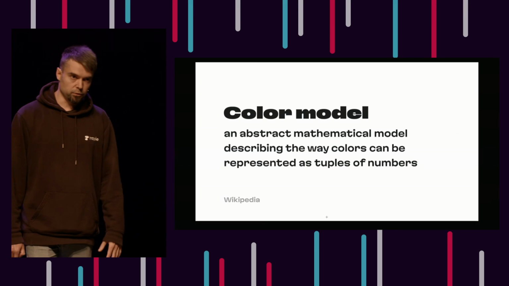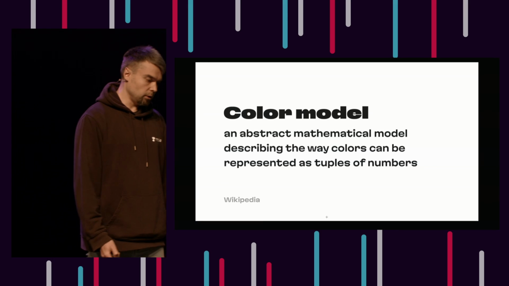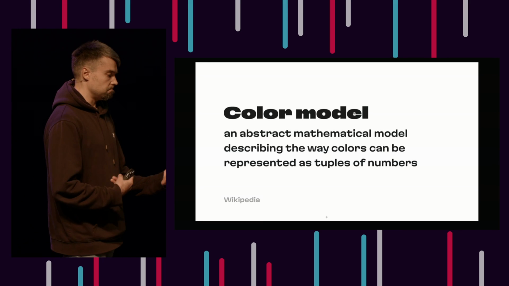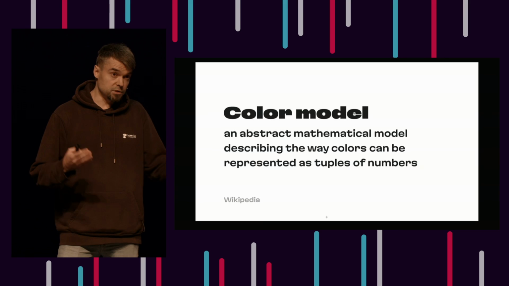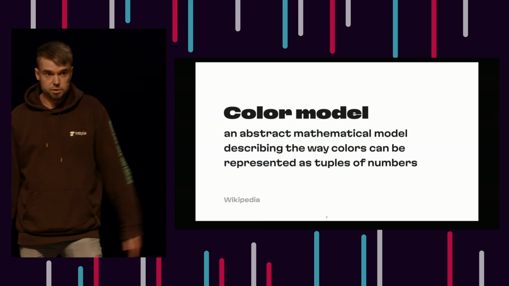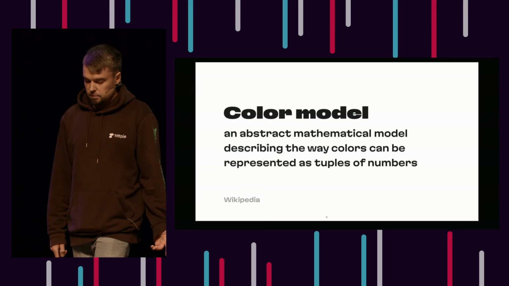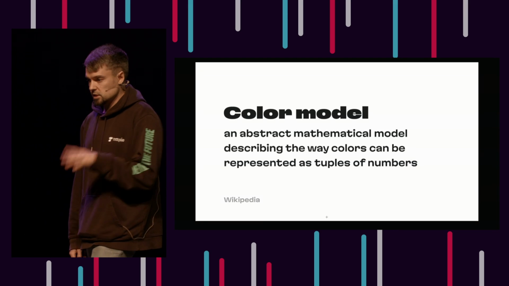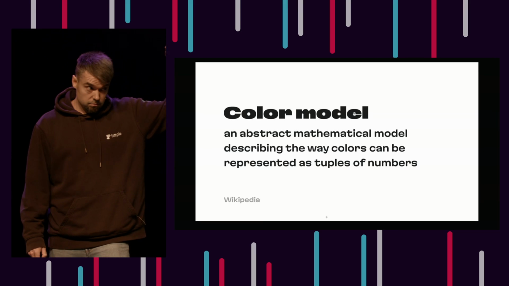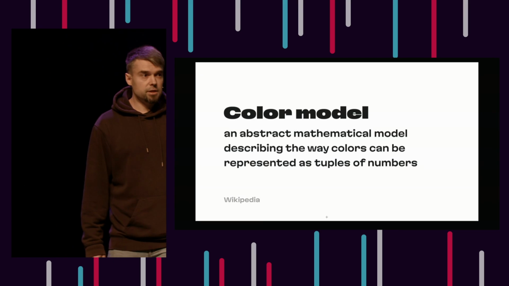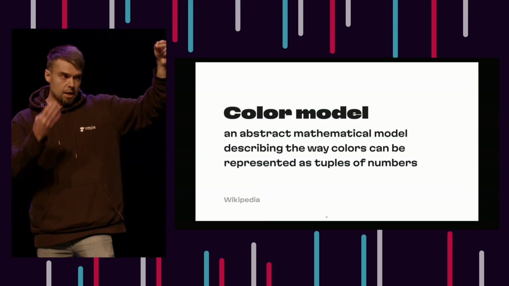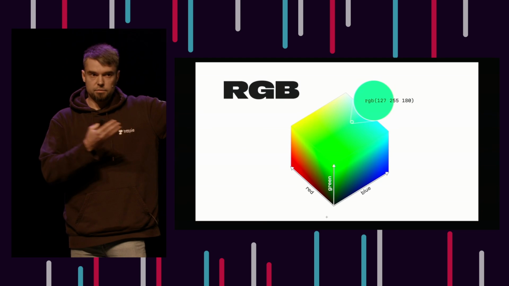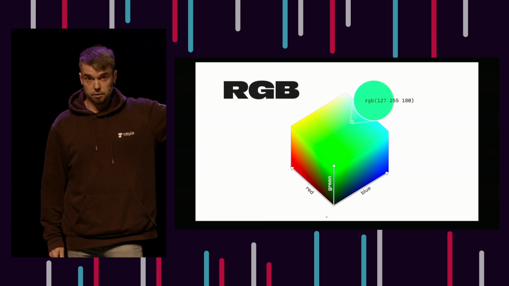Let's quickly sync up on this term. A color model is a mathematical way of describing a color with some numbers. There are a lot of color models out there, and all of them do the same job. They take an objectively seen color and define it with 3 or 4 coordinates.